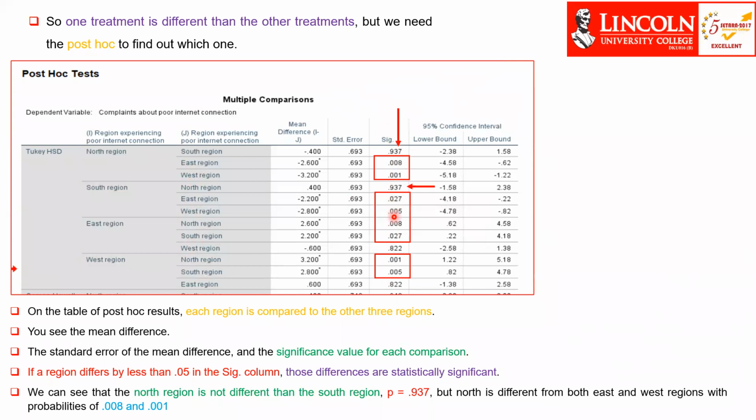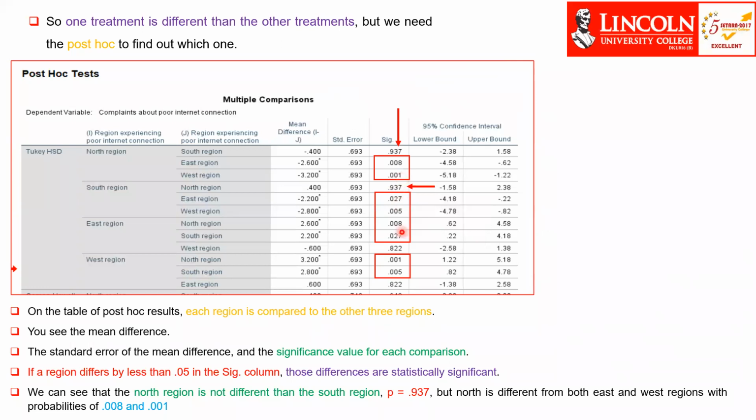And that is why we said, if you look at this place, if a region differs by less than 0.05 in the significant column, which is here, those differences are statistically significant.